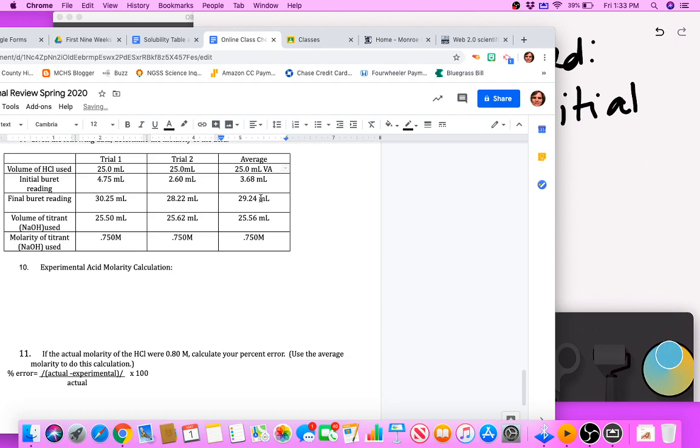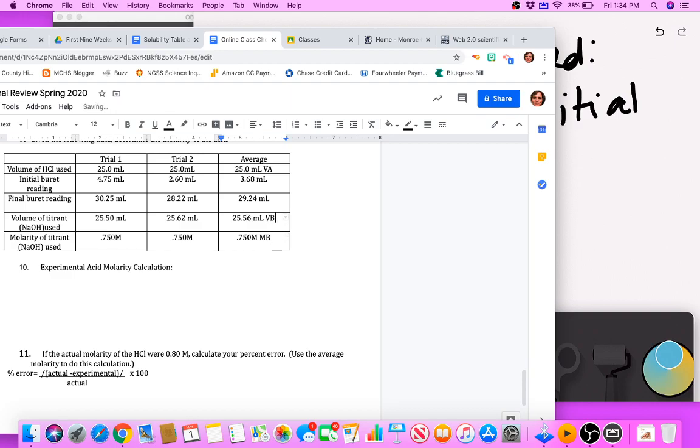Well, MA is what we're looking for. We're looking for the experimental acid molarity. MB, right here, is the molarity of titrant, NaOH. That's our MB, because NaOH is our base. That's the molarity of our base. And then VB, well, that's the volume of base that we used. And so this is our VB.